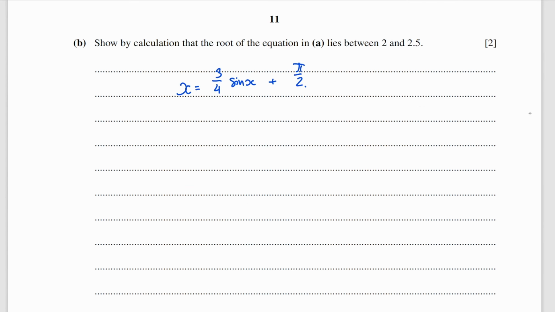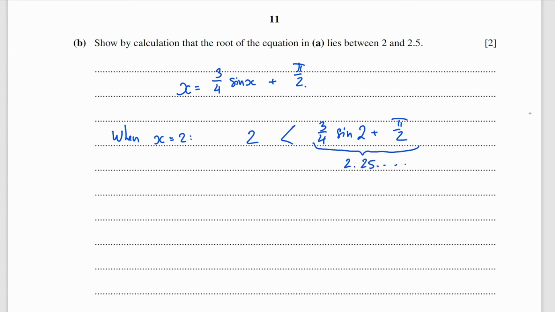Okay, next one, show by calculation that the root is in between 2 and 2.5. To do so, let's substitute both of the values. We get 2 on the left, and on the right we get 3 over 4 sine 2 plus pi over 2, calculated, 2.25.